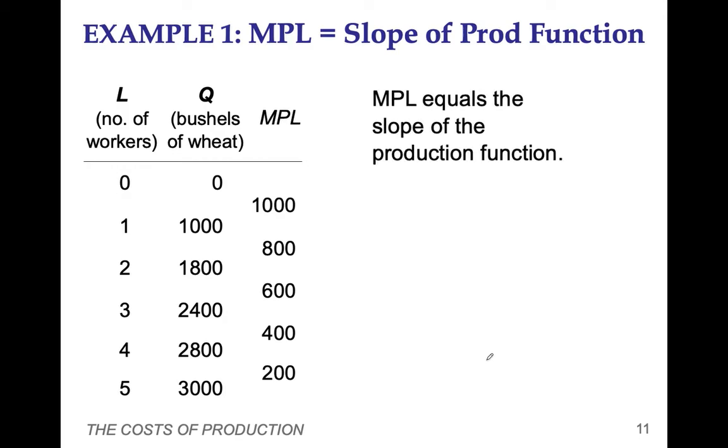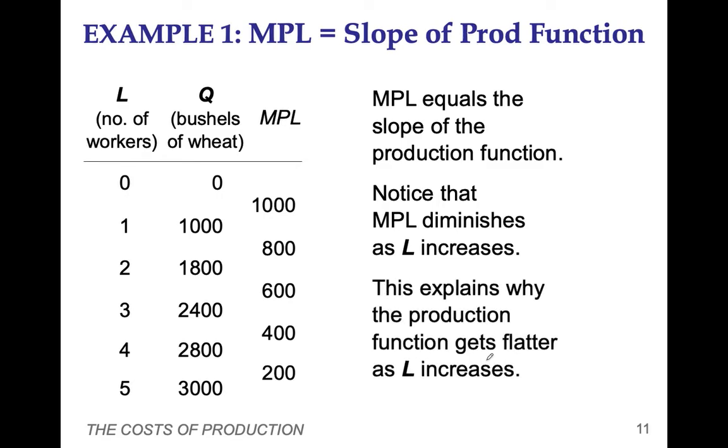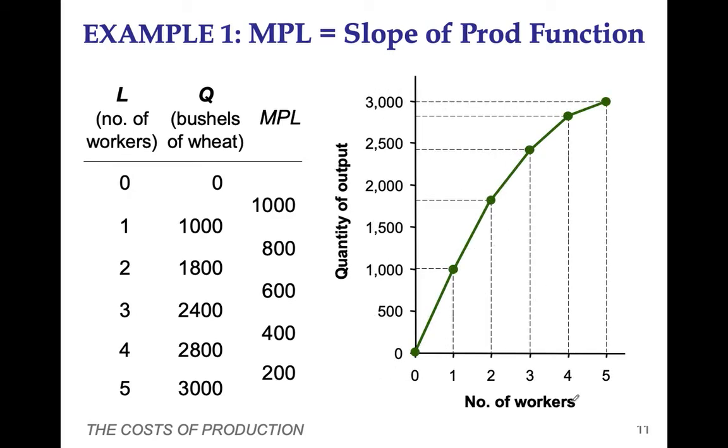The marginal product of labor equals the slope of the production function. Notice that MPL diminishes as L increases. This explains why the production function gets flatter as L increases.